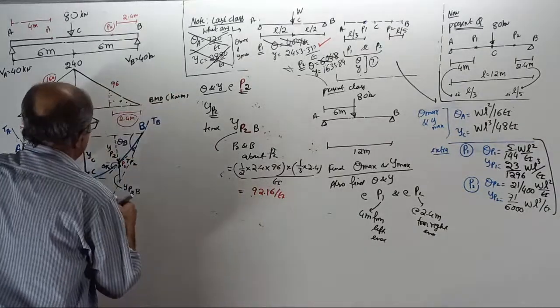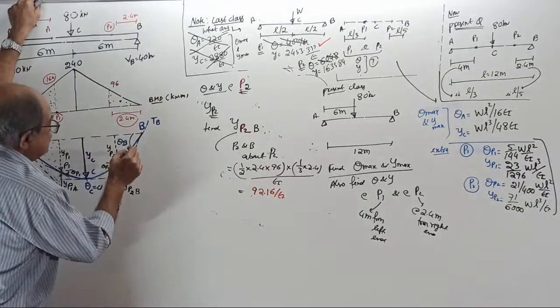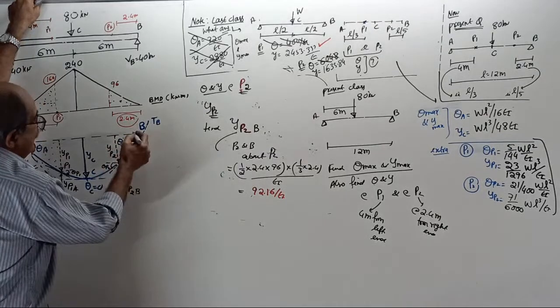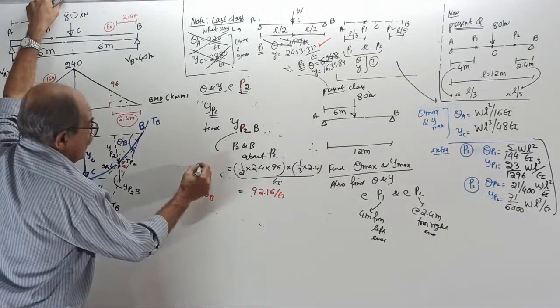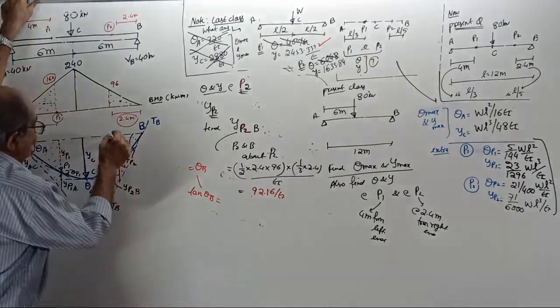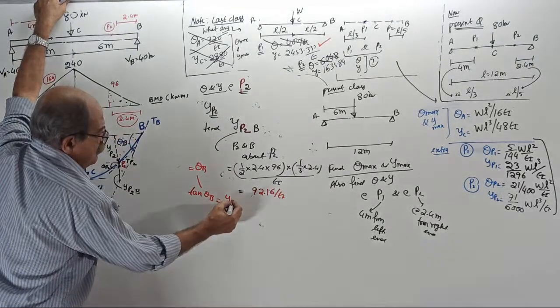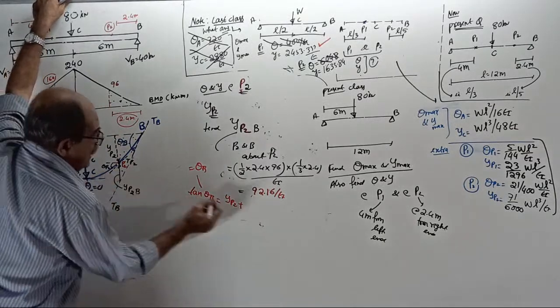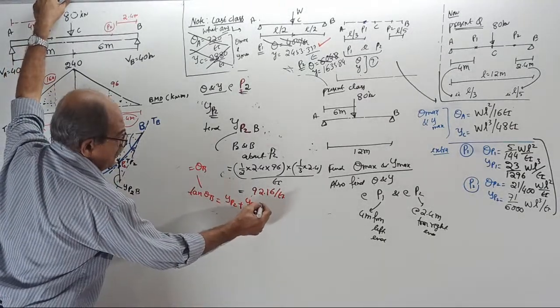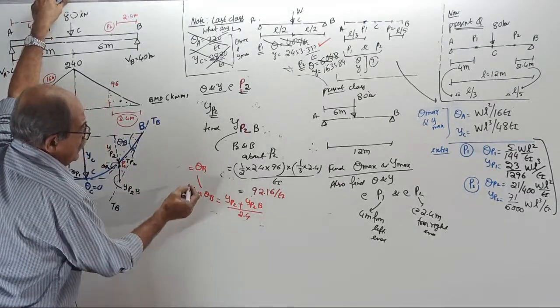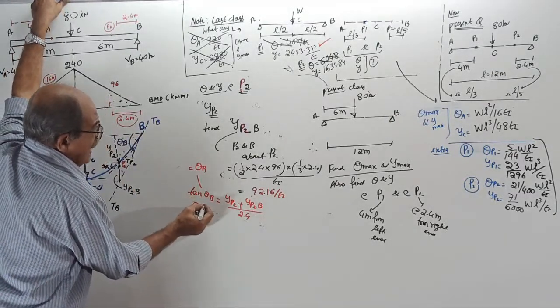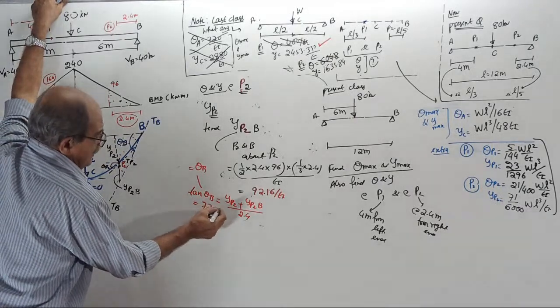Now, lastly, consider this triangle. Then tan theta B equals theta B only, equal to y of P2 plus y of P2 with respect to B, divided by 2.4. Theta B is 720 by EI.